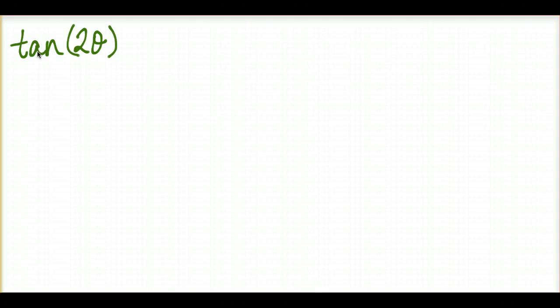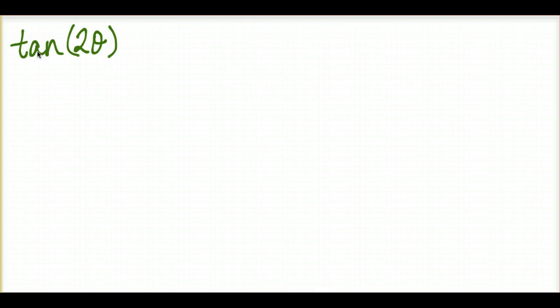Okay, so the first thing I want to graph is the tangent of 2 theta. If we're going to graph that, the first thing we have to know is our angle is 2 theta.